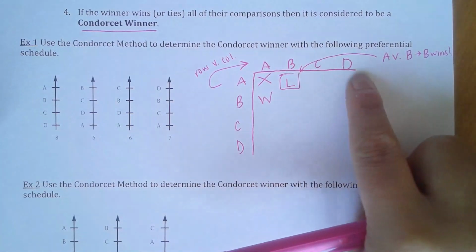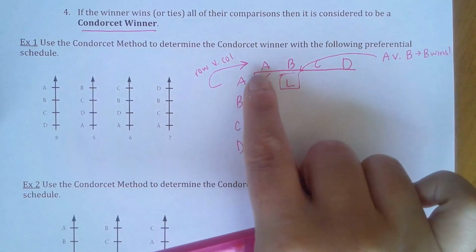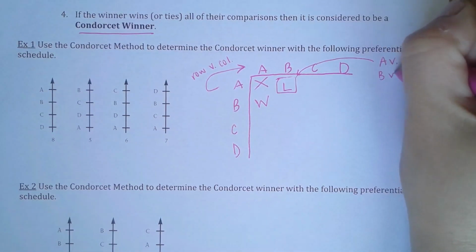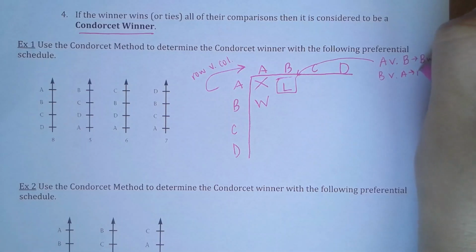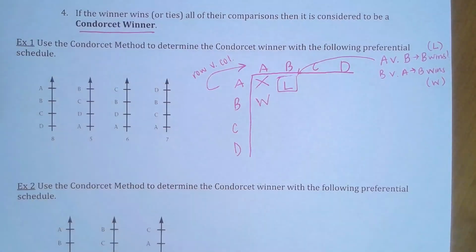So what's across the row will also be down the column, but the opposite result, because you're looking at the opposite comparison. If it were B versus A, B still wins, and since I'm making that comparison, that would be given a W, a win, whereas A versus B we would mark with a loss.